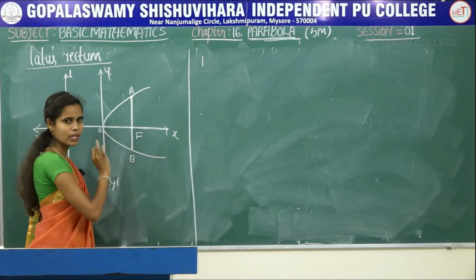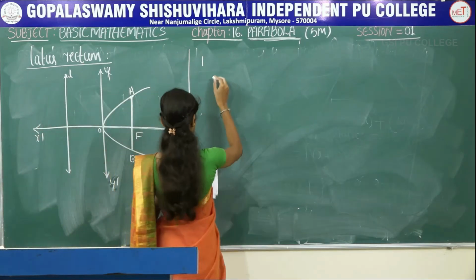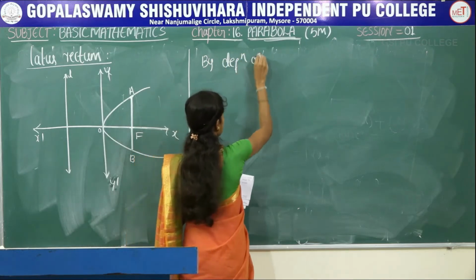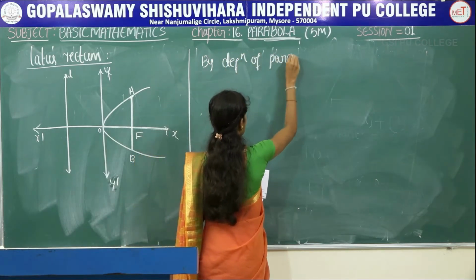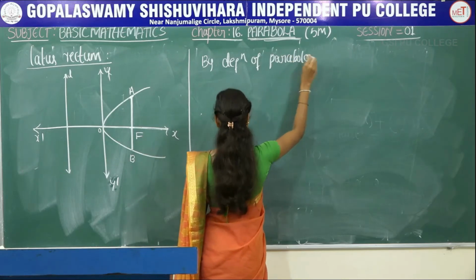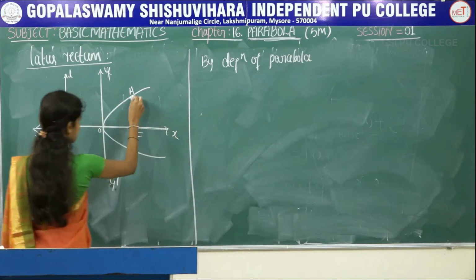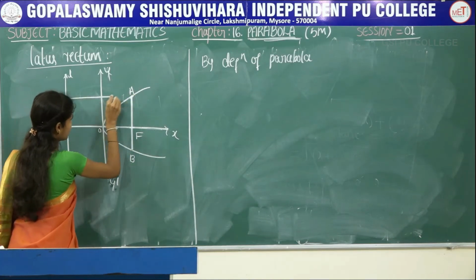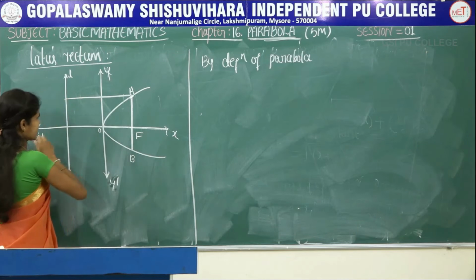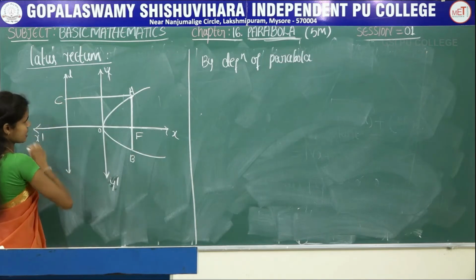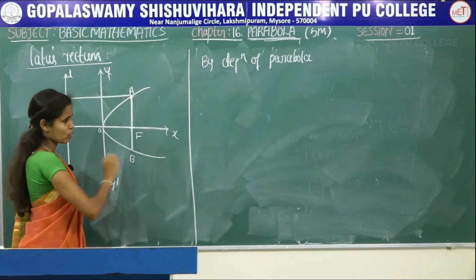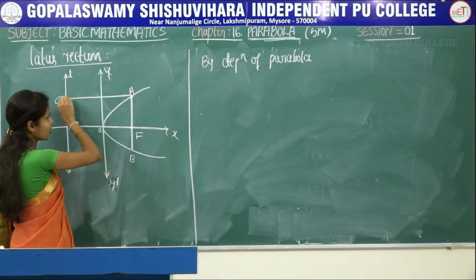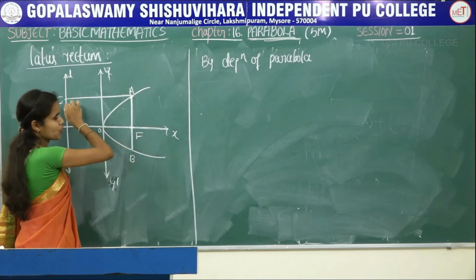So first let us find AF. By the definition of parabola, for point A on the parabola, draw a perpendicular to the directrix L, and denote this point as C. Its distance from the fixed point is equal to its distance from the fixed line. So AF is equal to AC.